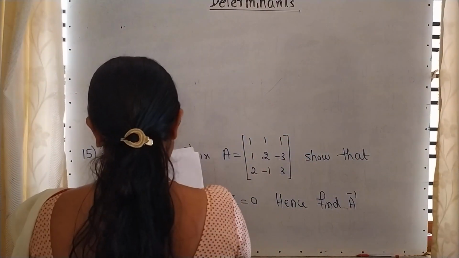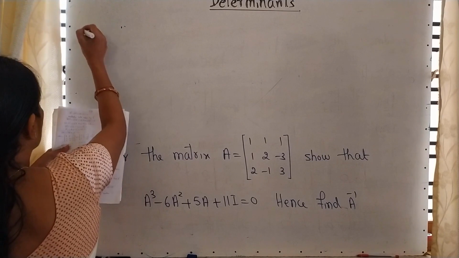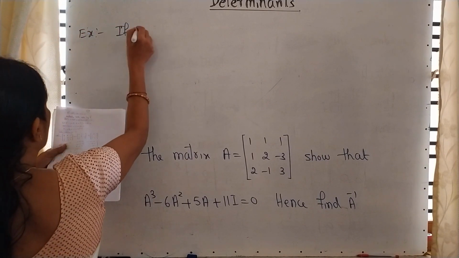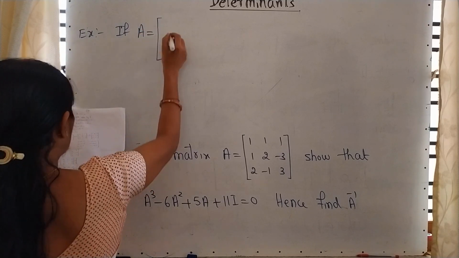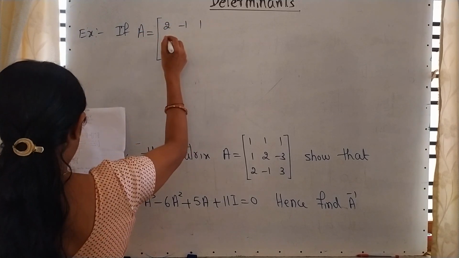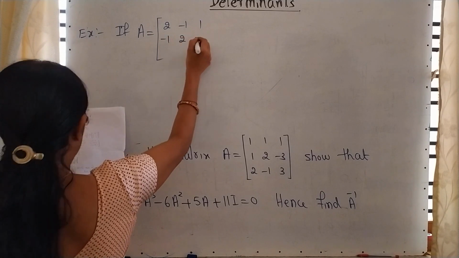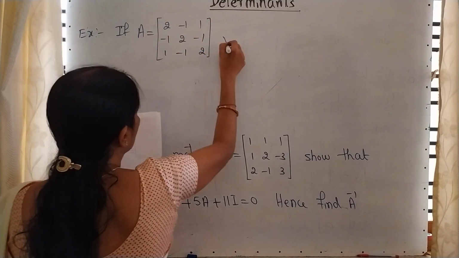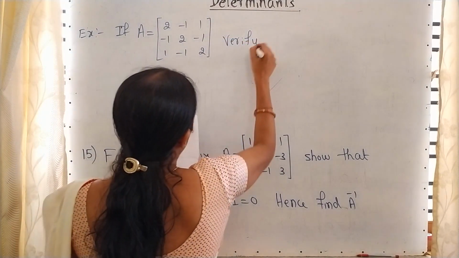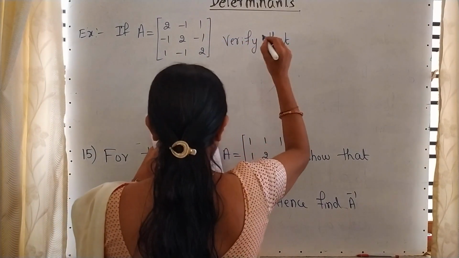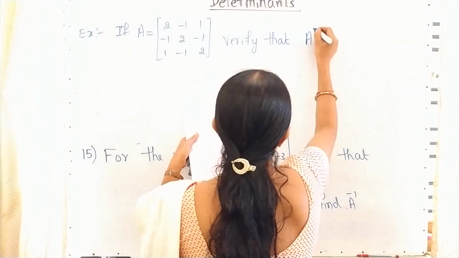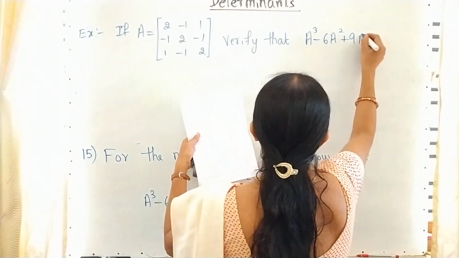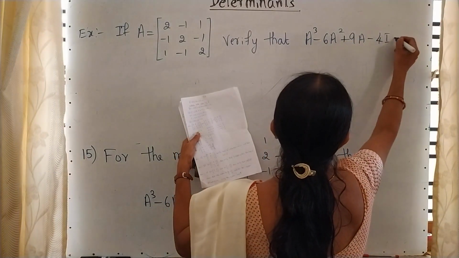The next one. If A is equal to [2, minus 1, 1; minus 1, 2, minus 1; 1, minus 1, 2], verify that A cube minus 6A square plus 9A minus 4I is equal to 0.